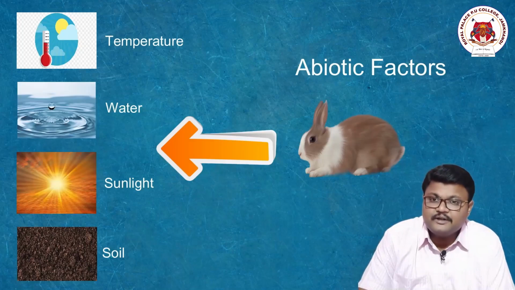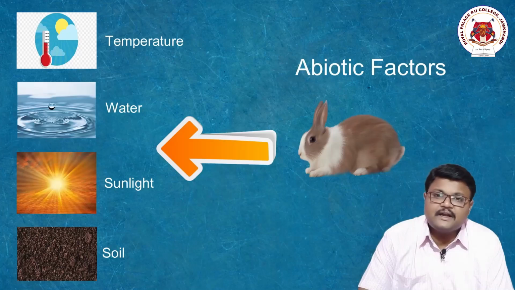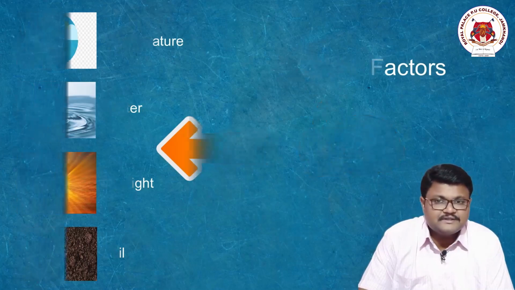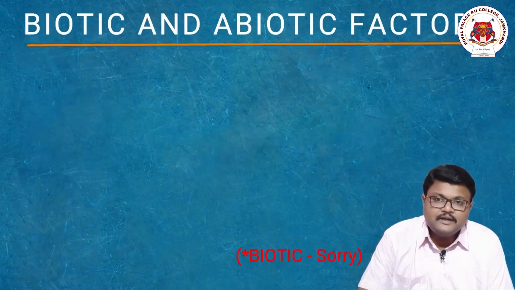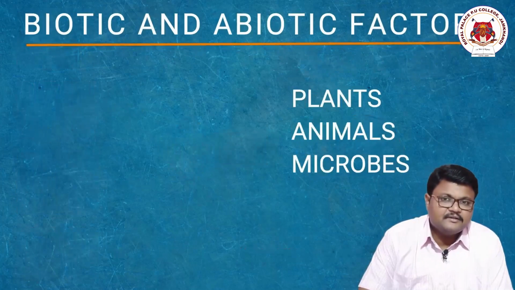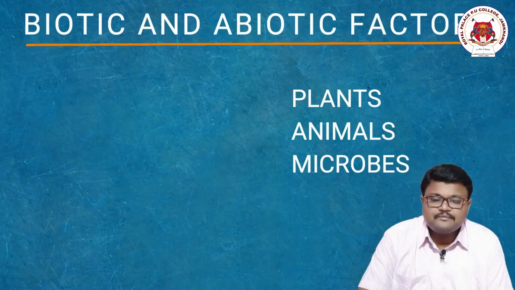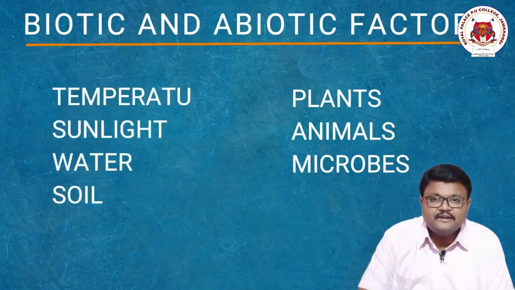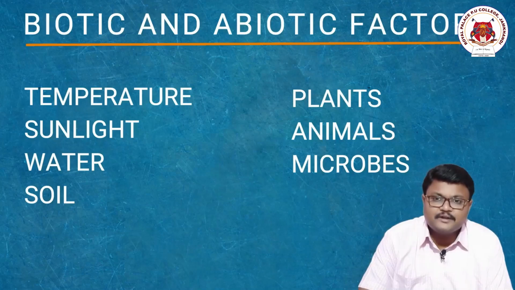Of course, biotic means the one which has life and abiotic the one which doesn't. In case of biotic, I can list the words as plants, animals, microbes, etc. In case of abiotic, I can list the words as temperature, light, water, soil, etc.